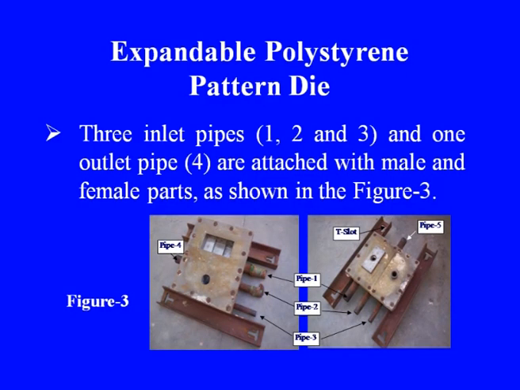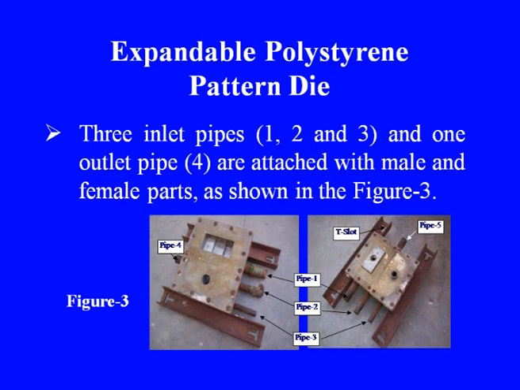The function of all 3 inlet pipes was same in male and female parts. The 2 outermost pipes number 1 and 3 were used to supply water as a cooling agent in the die.